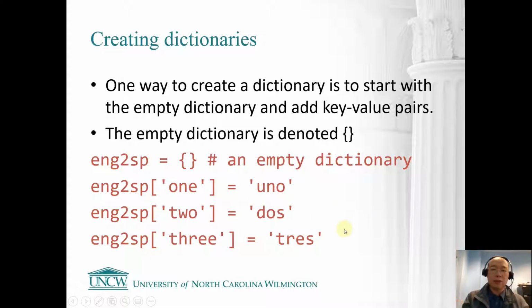So the syntax will be the dictionary name, square bracket, the key, equals the value. That is how we can add a key value pair into the dictionary. So far we have created an English to Spanish dictionary with 3 English words and corresponding 3 Spanish words. So 3 key value pairs.